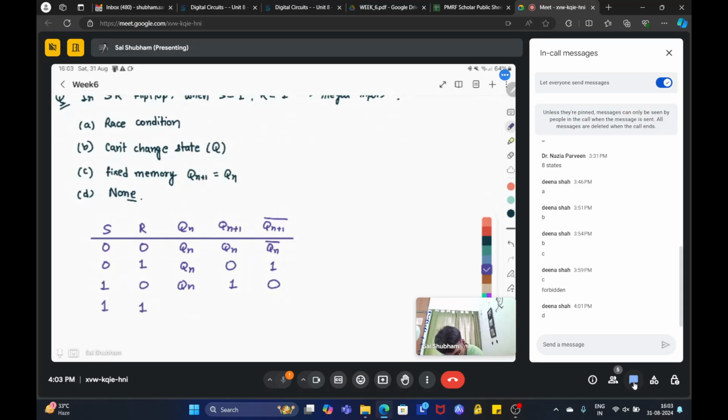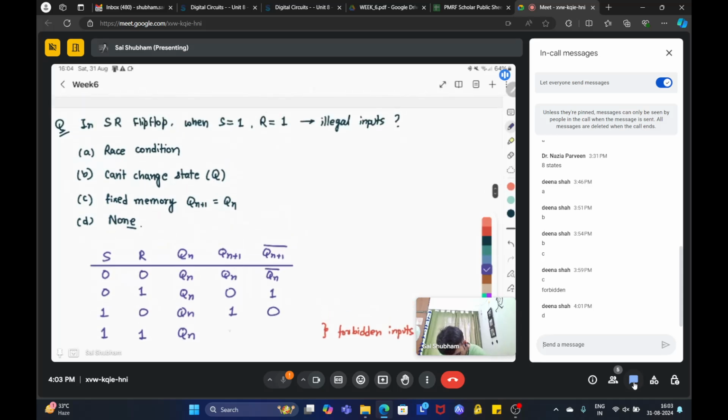So in this case, this is known as forbidden inputs. You have some Qn, so what will be the answer? If you make logic gates, you will realize that the output will be both 1.